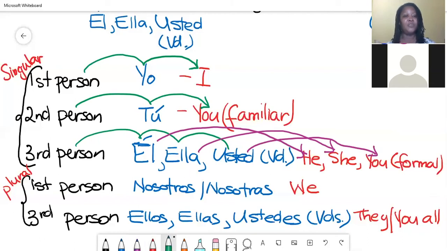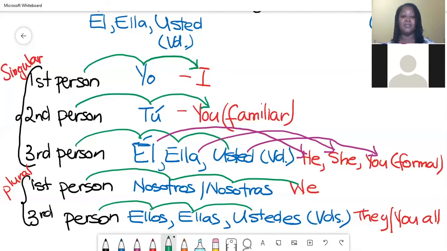Then the first person plural is nosotros or nosotras, and it means we. Third person plural, we have ellos, ellas, ustedes, and the meanings that they go with, ellos goes with they, ellas also goes with they, and the ustedes goes with you all.